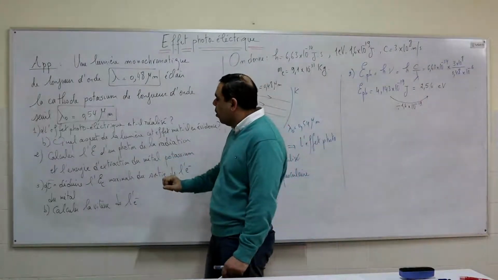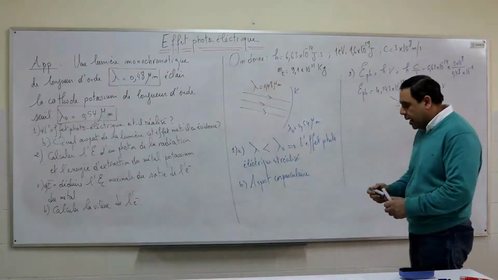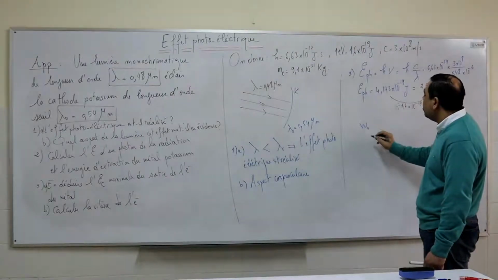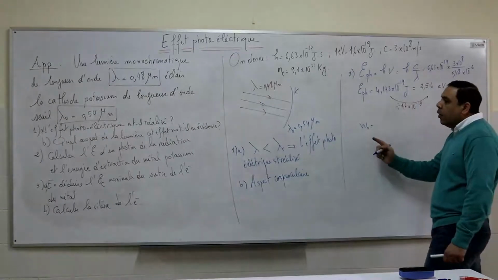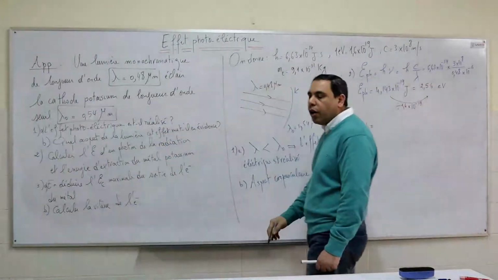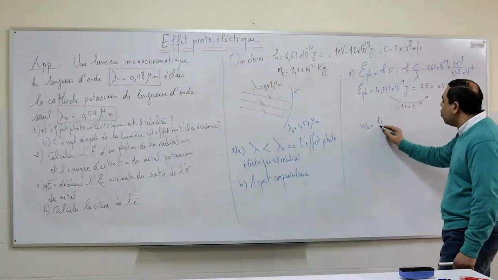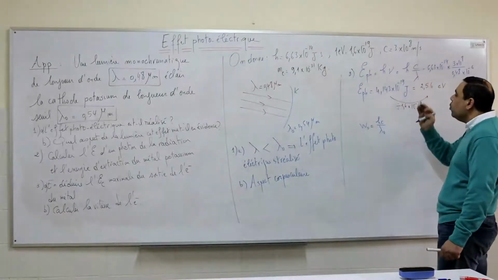In the same question, we also have to find the work function of potassium. The work function of potassium is W0. We have the threshold wavelength, so we apply the formula W0 equals hc over lambda 0, which is similar to the energy of the photon.